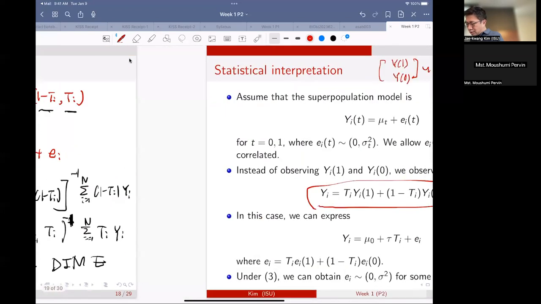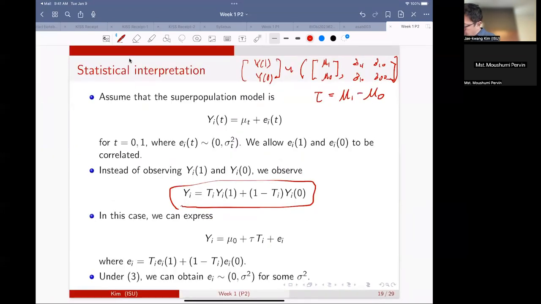These potential outcomes become an input to some kind of box, and then from the box, your outcome is yi, right? You have a kind of box machine.